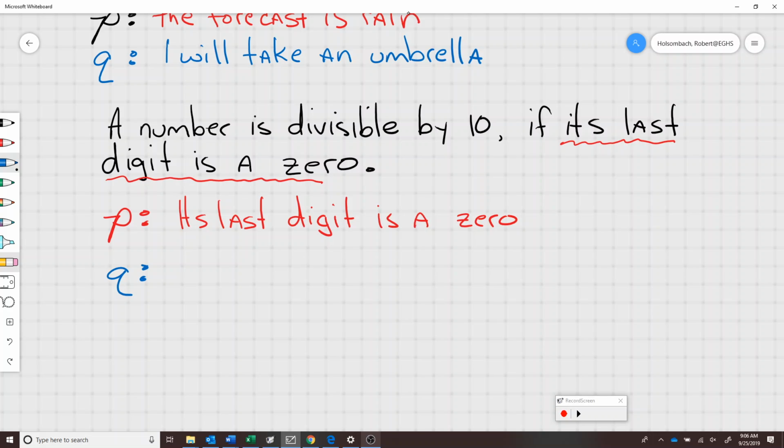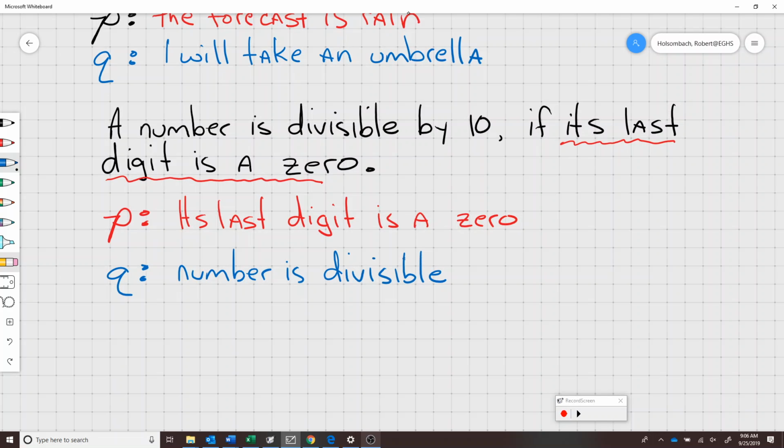So the conclusion here is the number is divisible by 10. As you start working through some of these problems, it'll make a little bit more sense to you.